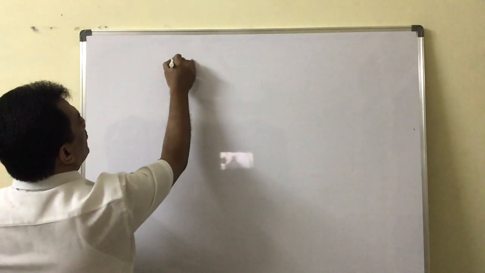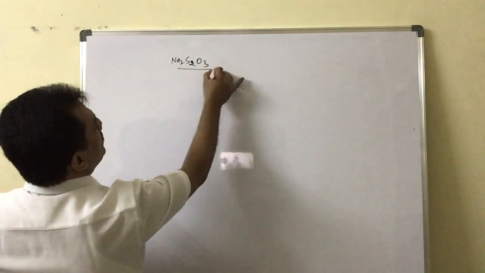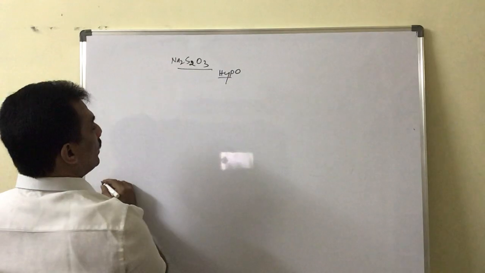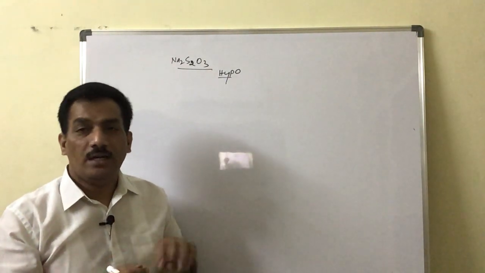This is Na2S2O3. You know, this is known as hypo. This hypo has a different type of reaction with iodine and bromine.